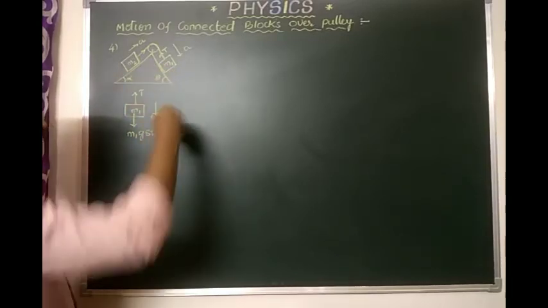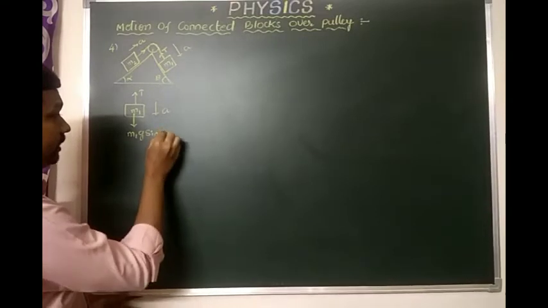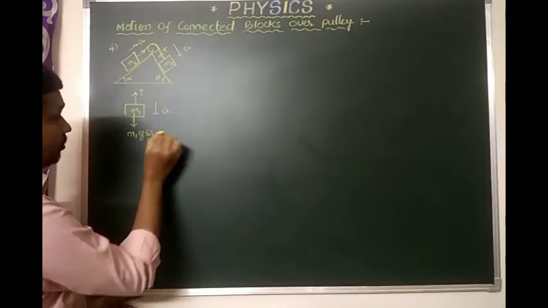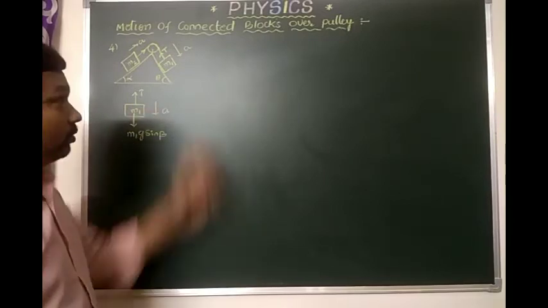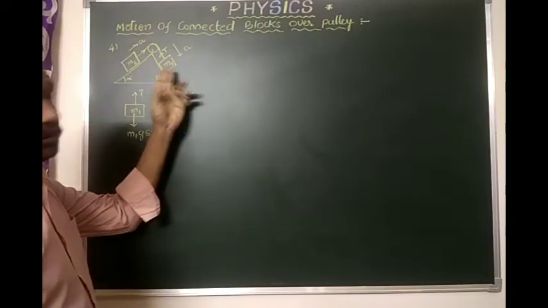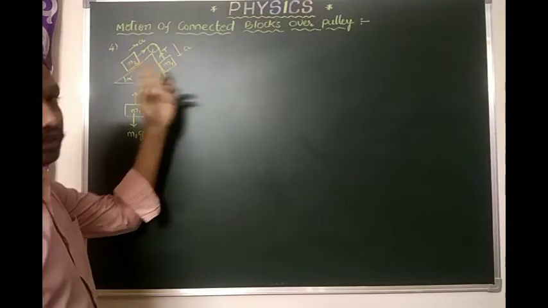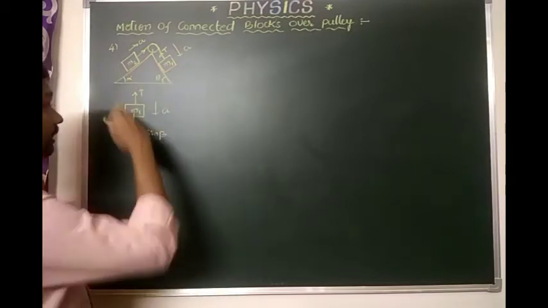Actually this is inclined, so instead of theta we need to take beta. Okay, just the resolution of m1. How many forces are acting on that? We need to resolve that, so that we will get like this.